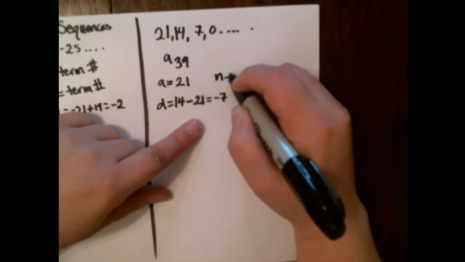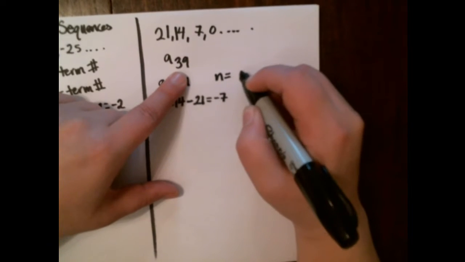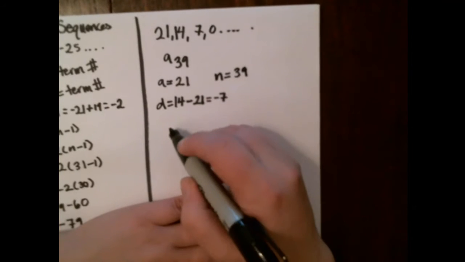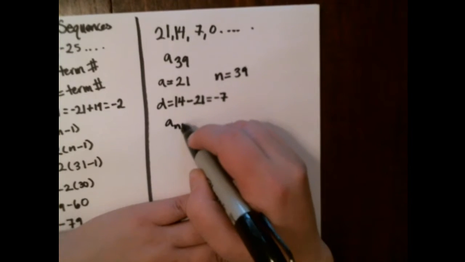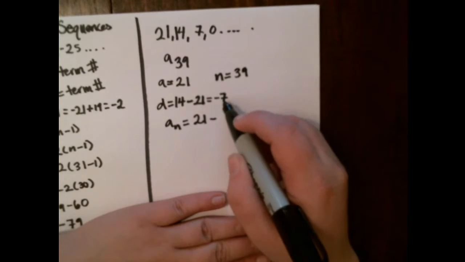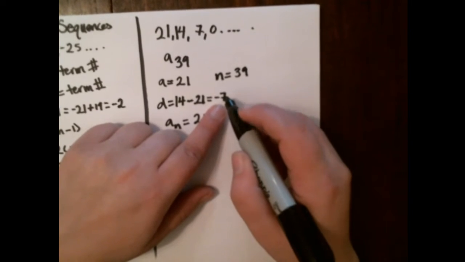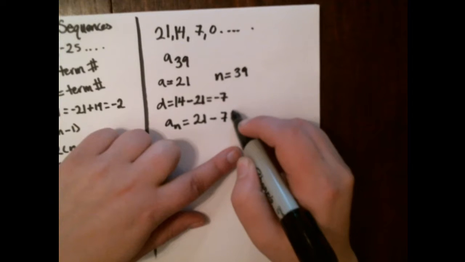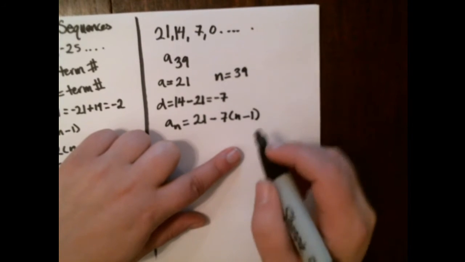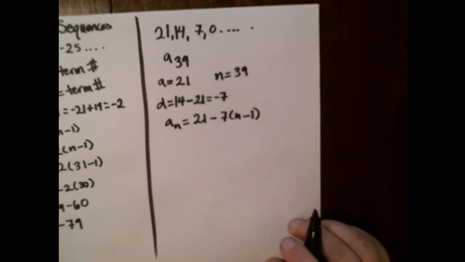And my n in this case is whatever number's right there, 39. So I'm just going to set up my formula. A sub n equals my first term plus my common difference. In this case, since it's negative, I'm just going to say subtract 7 times (n minus 1). Now I've set everything up.